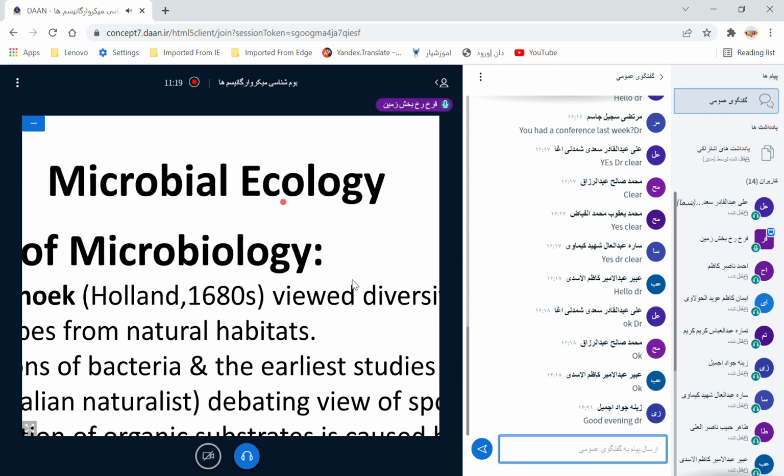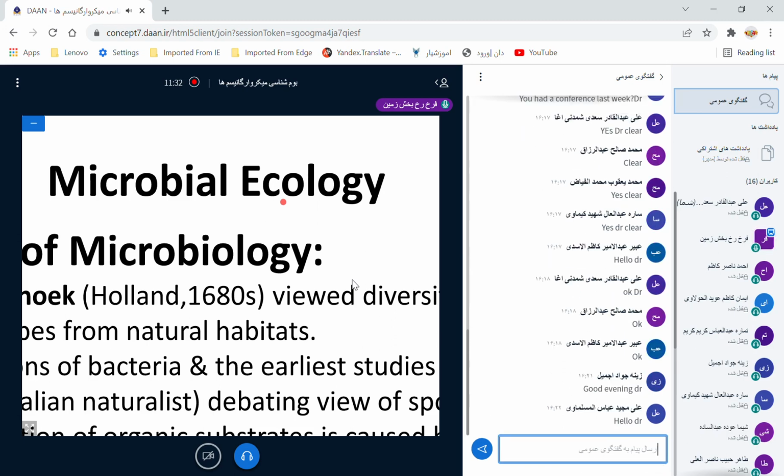So what is ecology? In ecology, we want to know the relationship between living organisms with each other, and the relationship between living things and non-living things. So living things are plants, animals, fungi, protists, bacteria.